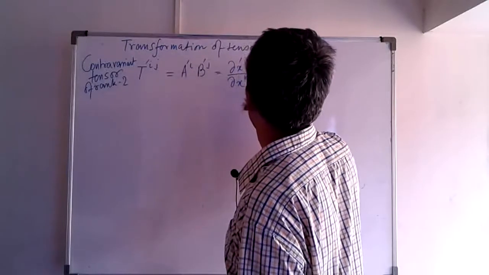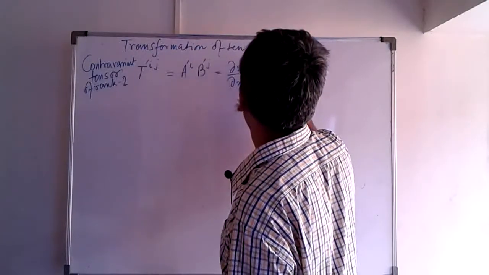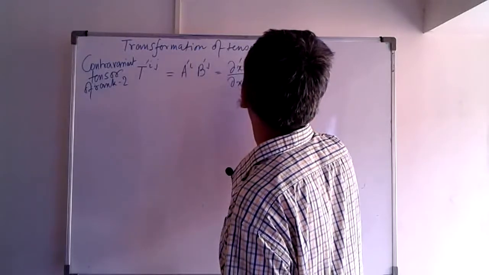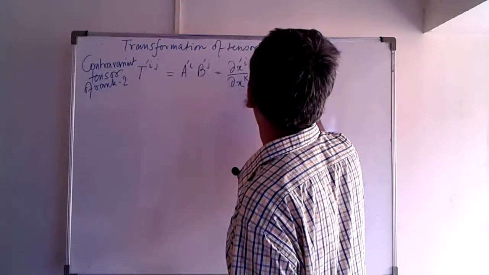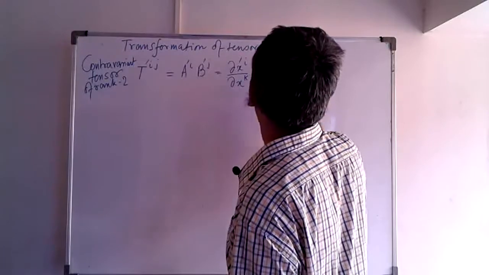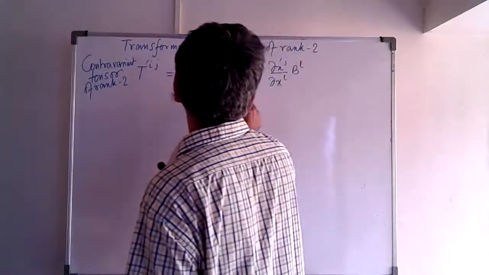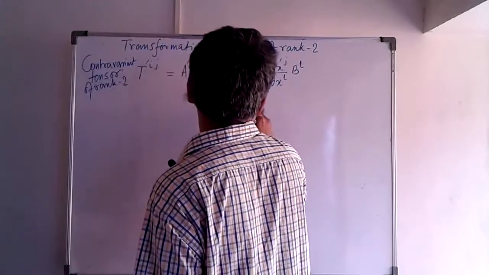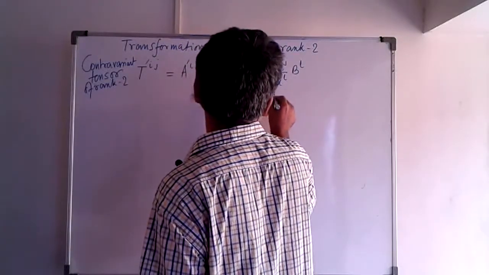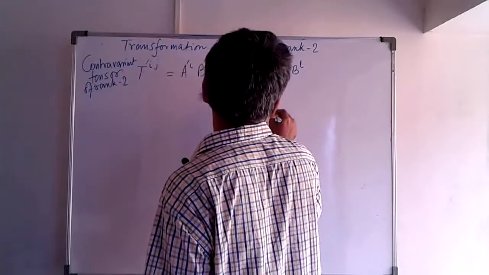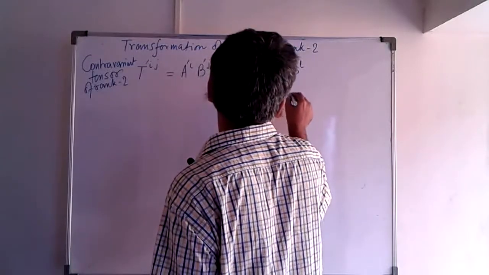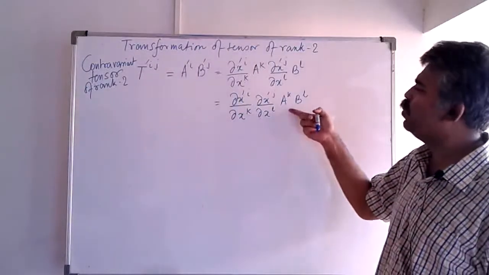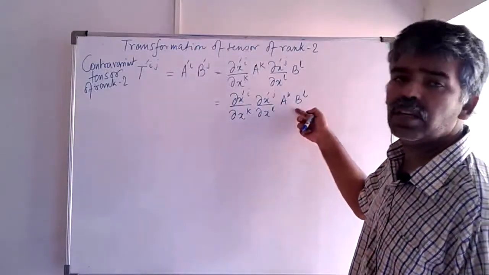Then this will be del x prime j / del x l, B l. So this will be del x prime i / del x k, del x prime j / del x l, A k B l. So this will be T kl.